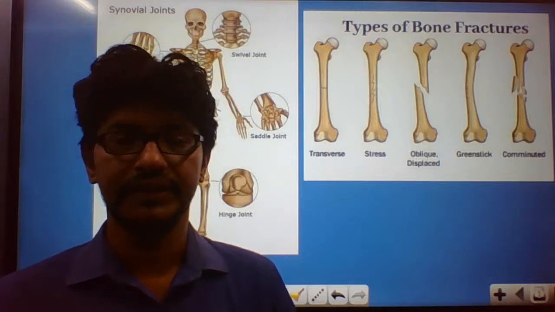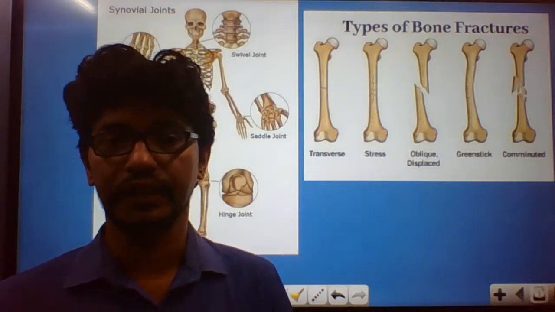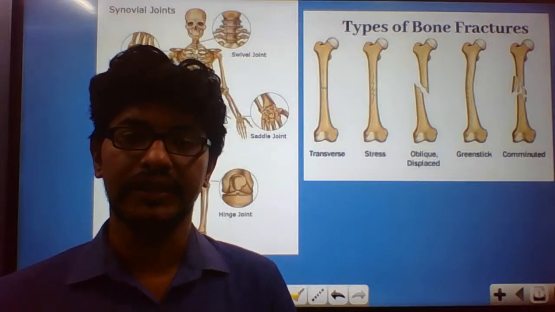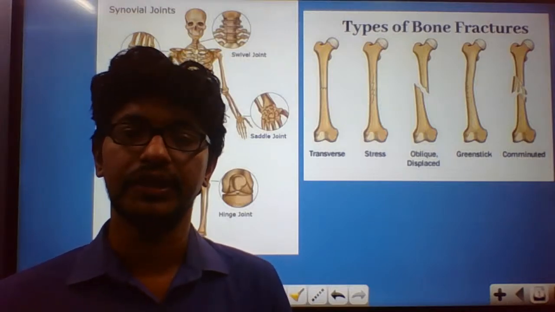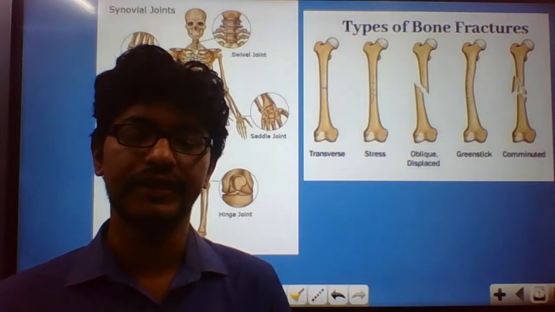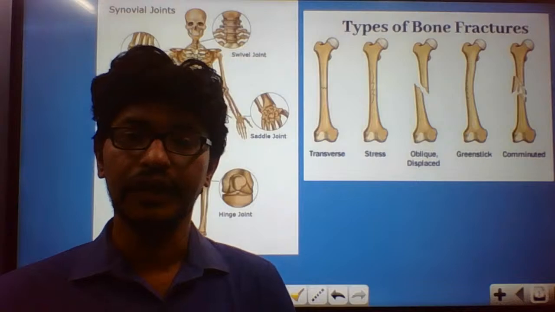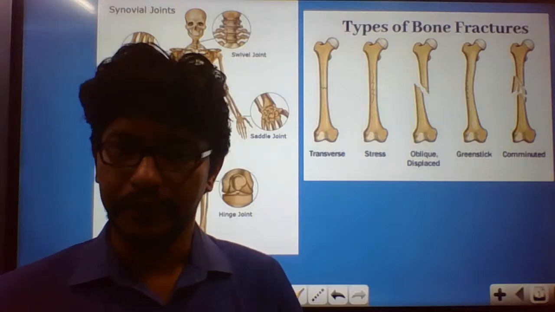So let us begin with the session today. We'll start with the synovial joint, and we also gave a diagrammatic representation yesterday of how the synovial joint looks, especially where, in between the bones, the synovial fluid acts as a lubricating fluid, covered by the synovial membrane.